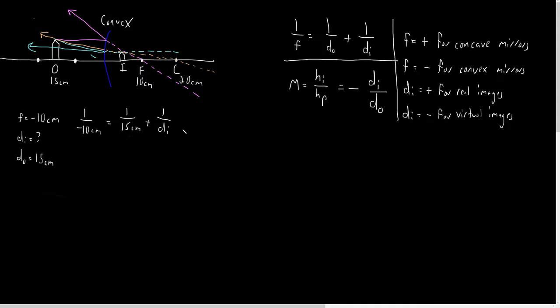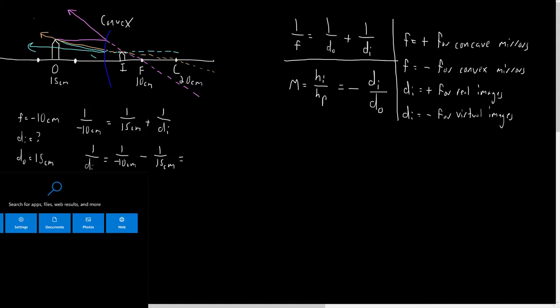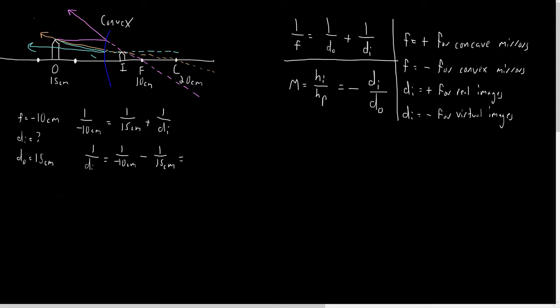You could figure out what that decimal is. So 1 over DI is equal to 1 over negative 10 centimeters minus 1 over 15 centimeters. Let's try the Windows calculator. I'm not doing exponents, so I don't think I can mess things up too bad here.